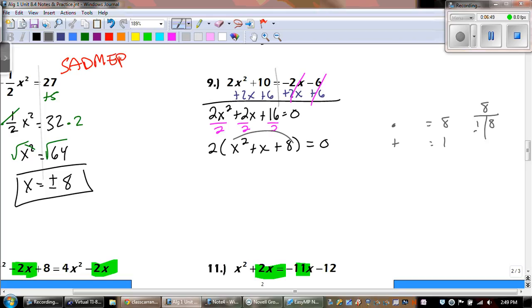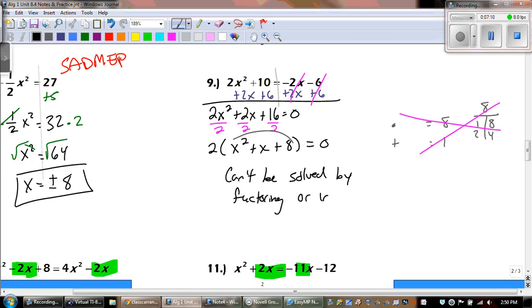So 1 and 8, 2 and 4, is there anything that does that? No. And so what we can say is that this can't be solved by factoring or inverses. Okay?